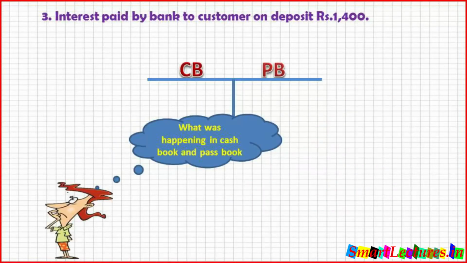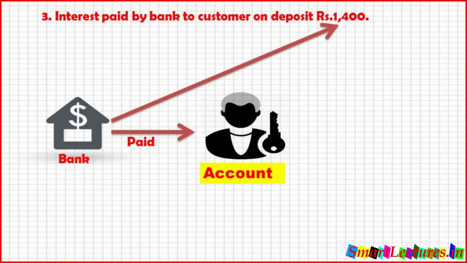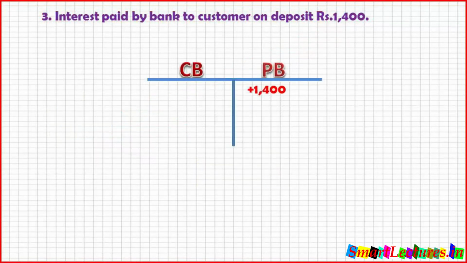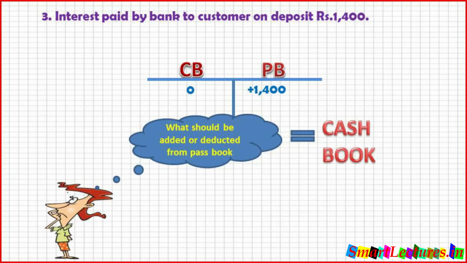So let's see what was happening in cash book and passbook. When the bank paid 1,400 for interest on deposit, the bank immediately added this amount to our balance. Means there was a plus item in the passbook, 1,400, but there was nothing in the cash book. It means passbook was showing 1,400, but cash book was showing 0. Now the question is, what should be added or deducted from passbook so that both become 0?